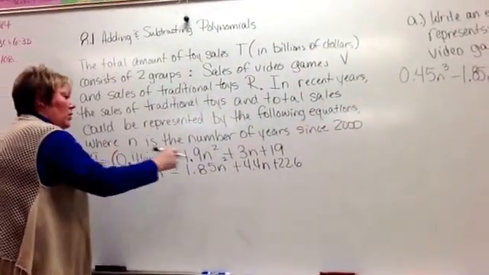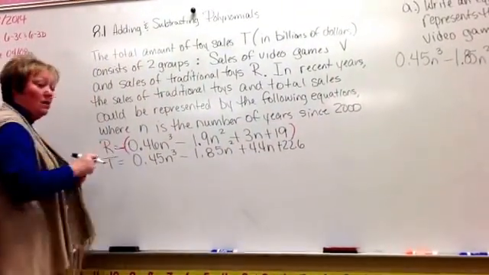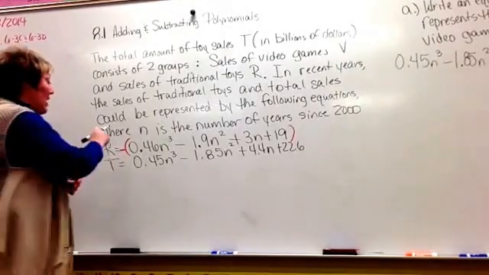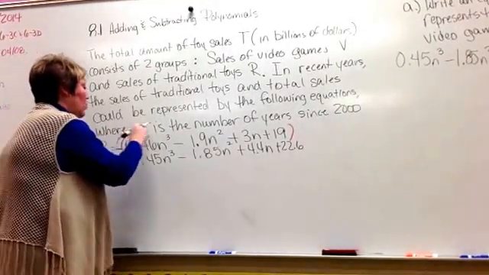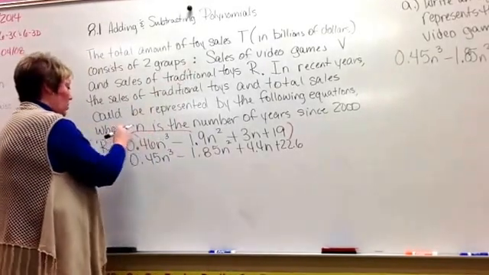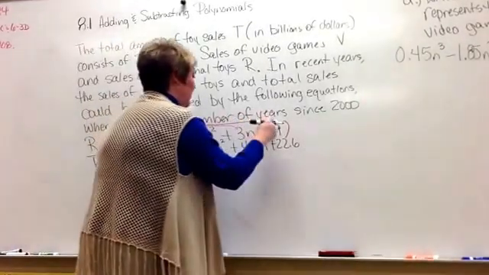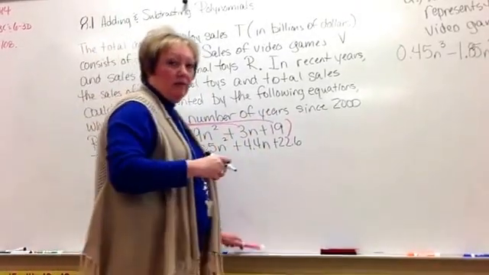And we're going to have to use our distributive property, and distribute a negative sign to each one of these terms, the R, which is the traditional toys. Remember, that's how we do the difference.